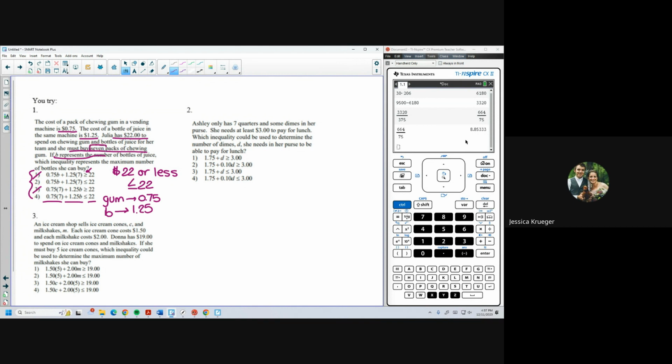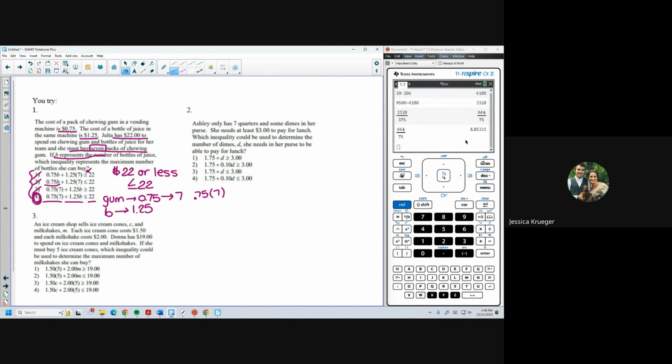Well, right here it says she buys 7 packs of chewing gum. So remember what we said before, the money times the number of items gives you the amount that you're going to spend. So if I look at my 2 answer choices remaining, I've got 0.75 times B. Well, that doesn't make sense because the bottles of juice are not 75 cents. So I think I can eliminate 2. It looks like 4 is my answer.